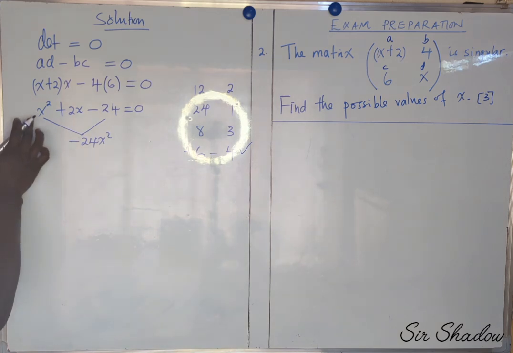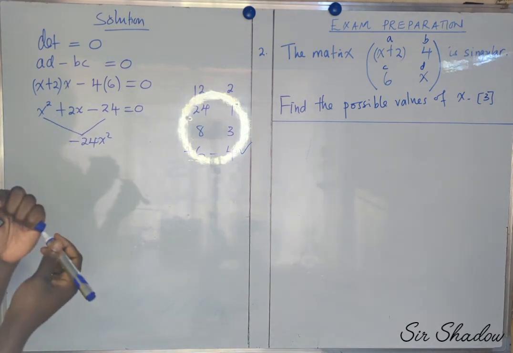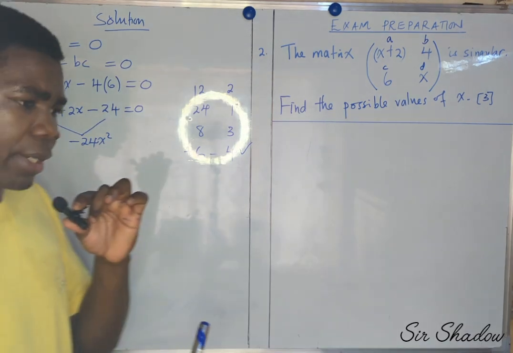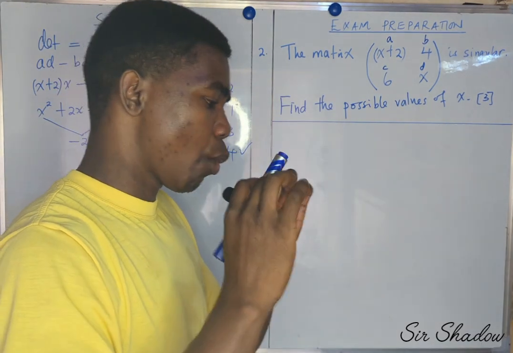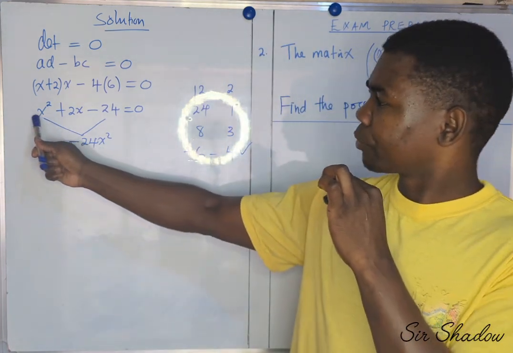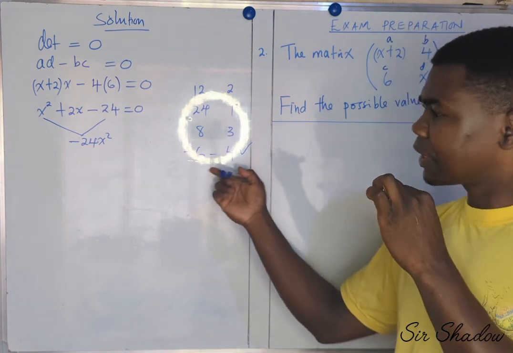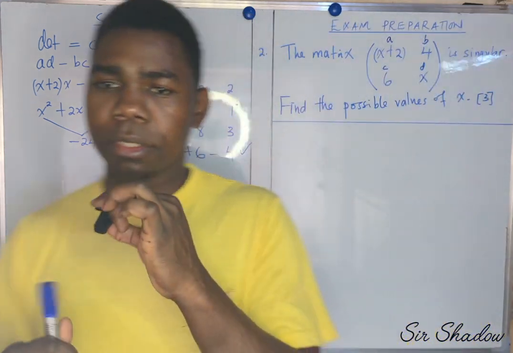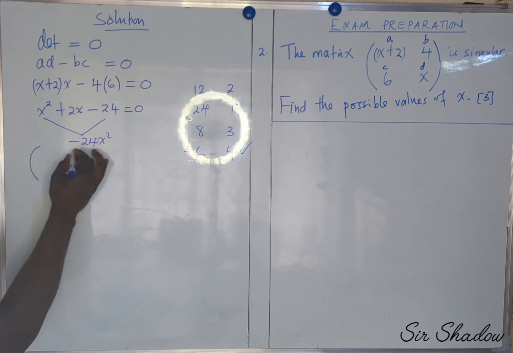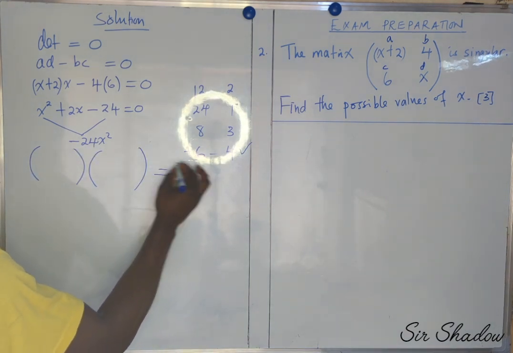But remember, we are solving a quadratic equation where the coefficient of x squared is a positive 1. Remember, I said before, whenever the coefficient of the highest power of x is a positive 1, these factors are the solutions. So we write the equation equal to 0.